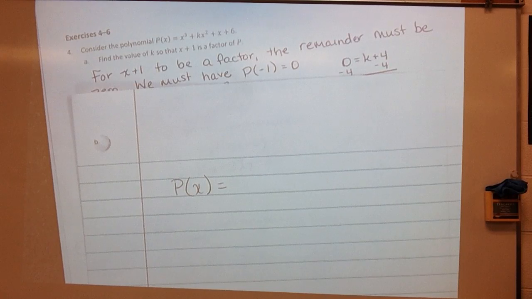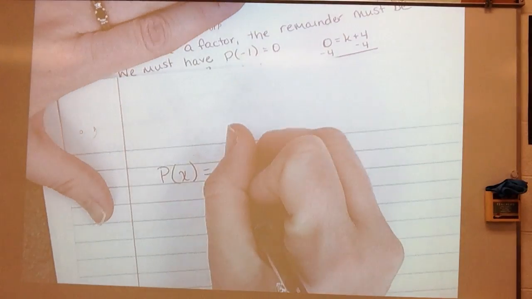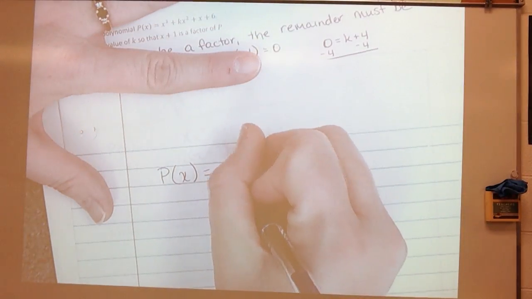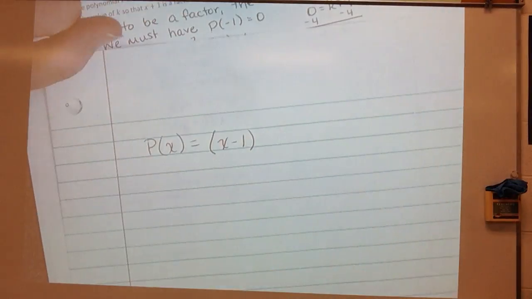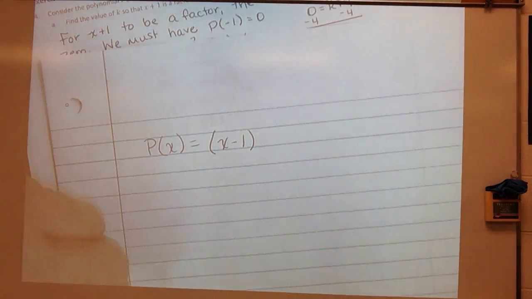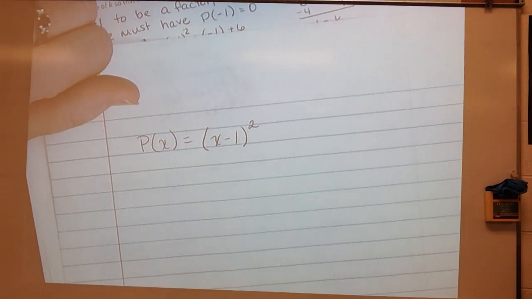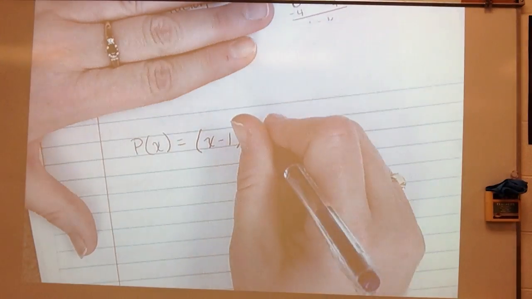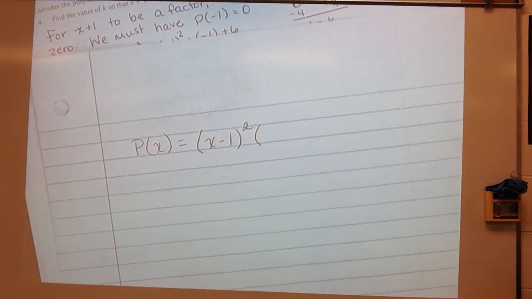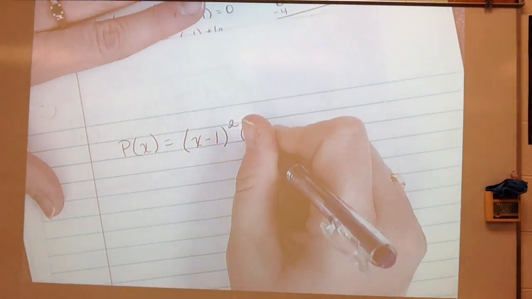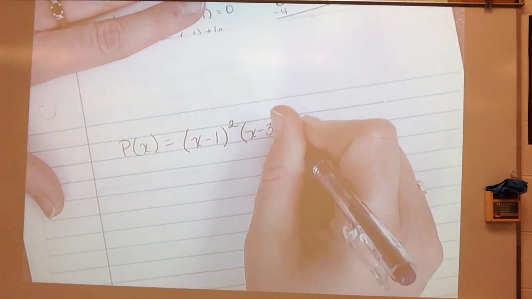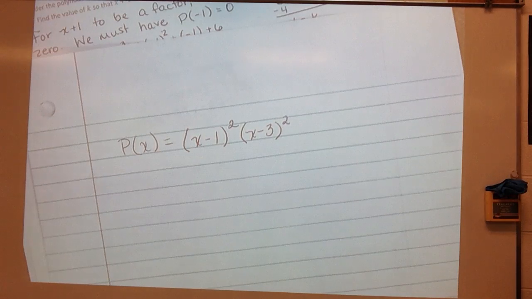And I want my zeros to be at 1 and 3. So if my 0 is at 1, then I know it has to be x minus 1. And I told you I want that to be a multiplicity of 2. Alright? I also want my 0 to be at 3. So that would be x minus 3 and the multiplicity of 2. Alright?